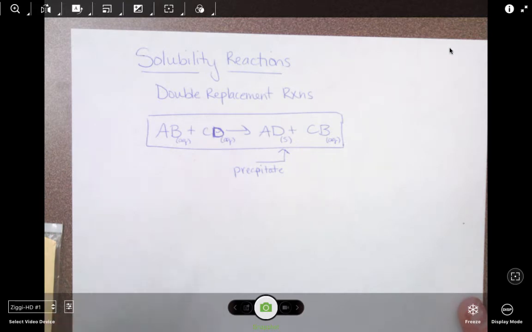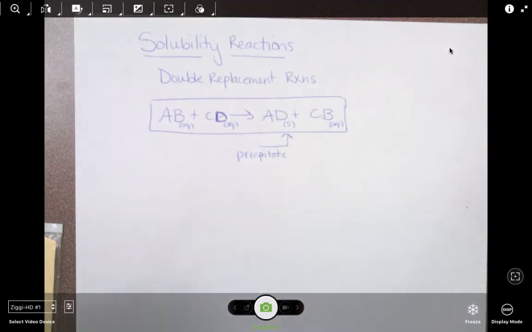If a solid is produced, then the reaction produces an insoluble precipitate. If the reaction proceeds and two aqueous solutions are produced, then the reaction is considered soluble. Let me show you what that looks like.